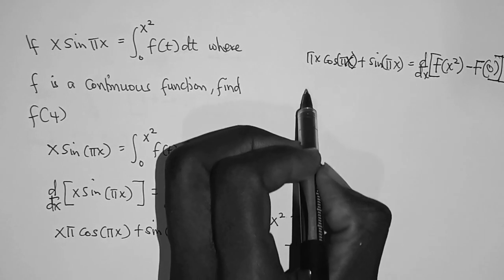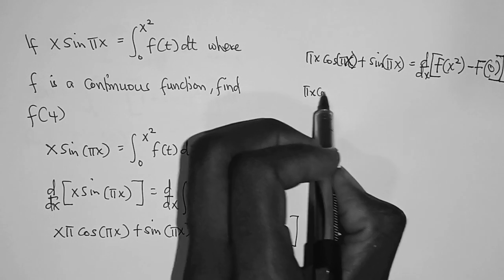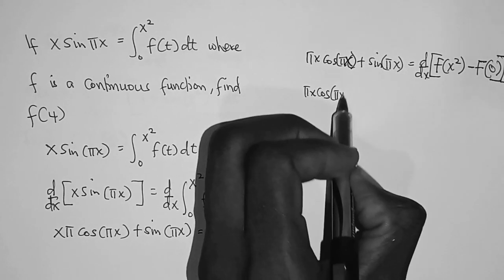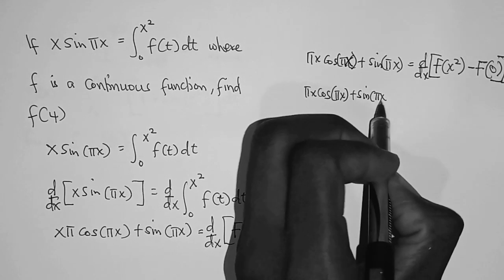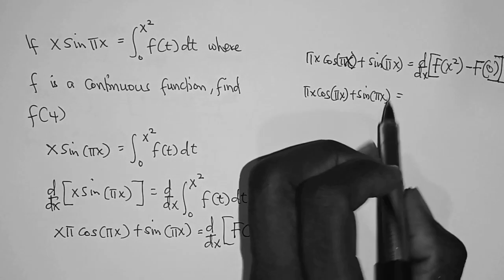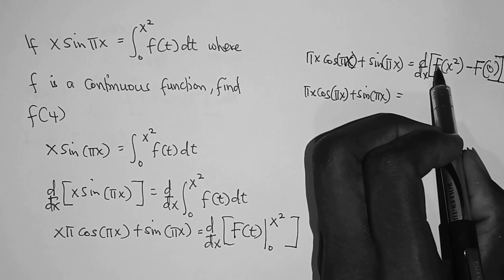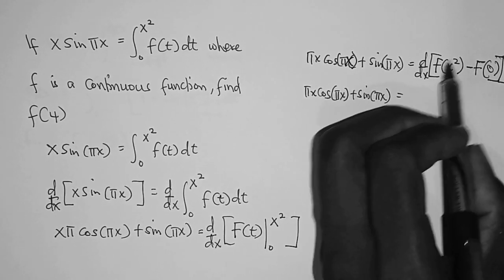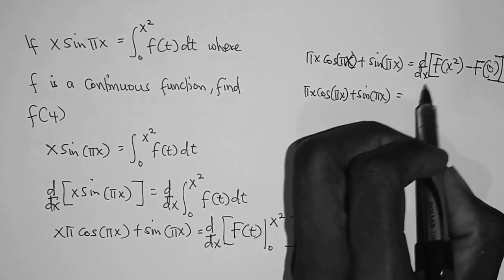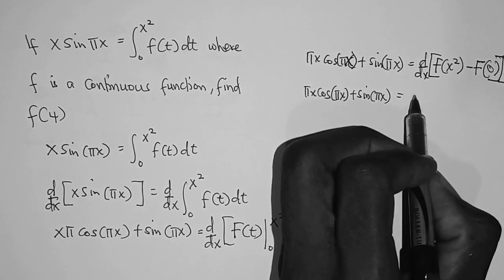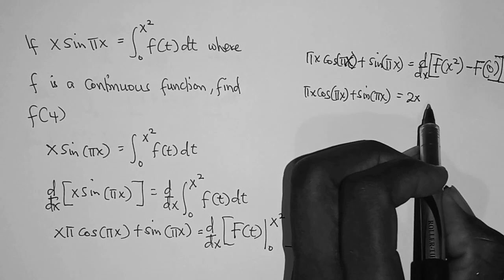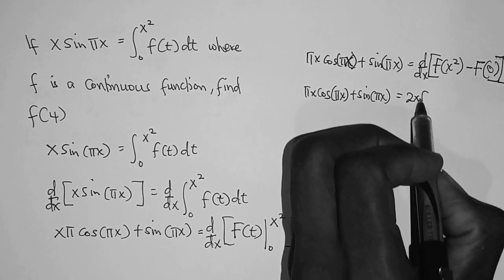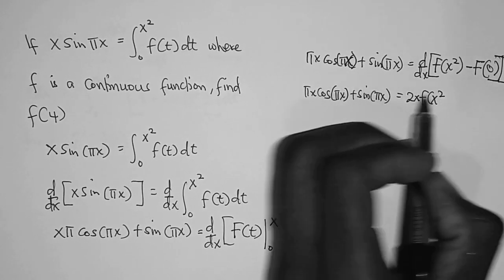So now pi x cos pi x plus sine pi x equals, if you differentiate capital F of x squared, you need to first differentiate what is inside the bracket. If you differentiate x squared, you will get 2x. And if you differentiate capital F of x squared, you get small f of x squared.